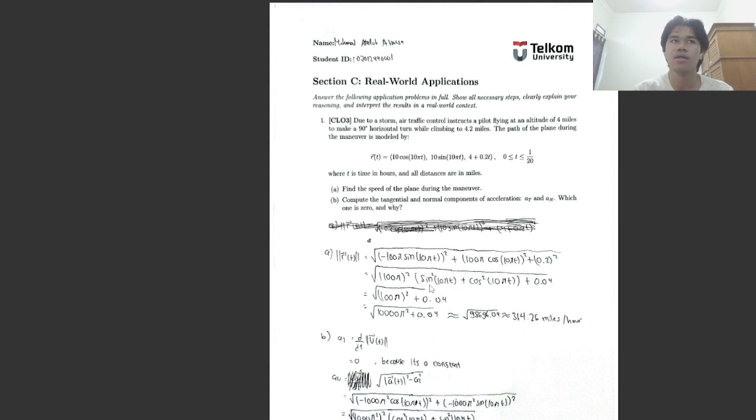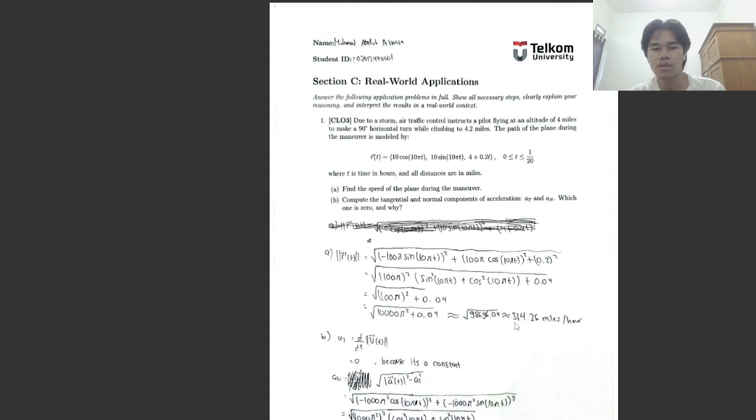If we have sine squared x plus cos squared x, it means it will become 1. So what we are left with is the square root of 10,000 pi squared plus 0.04.